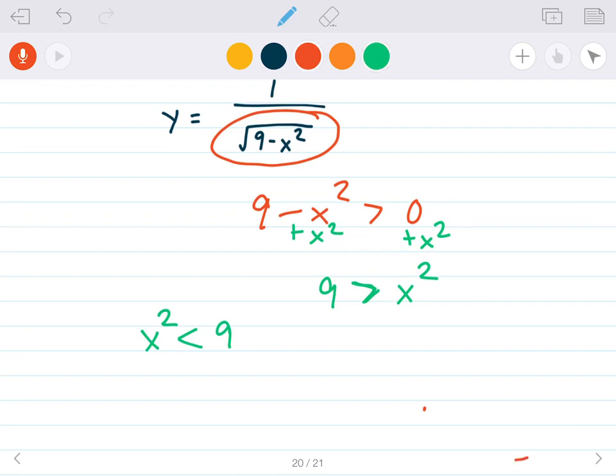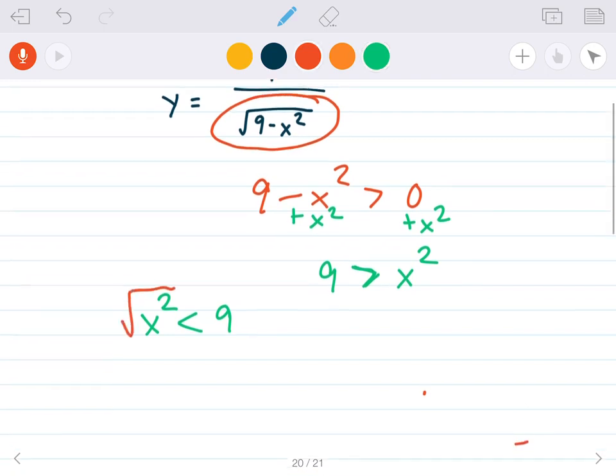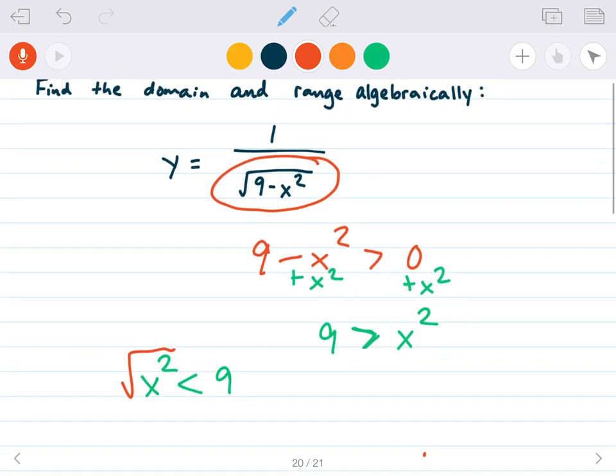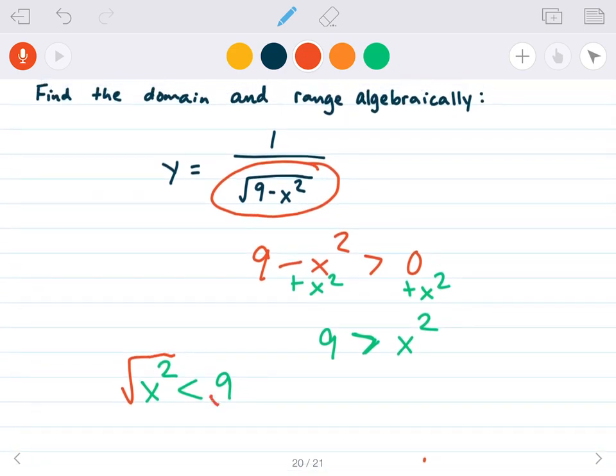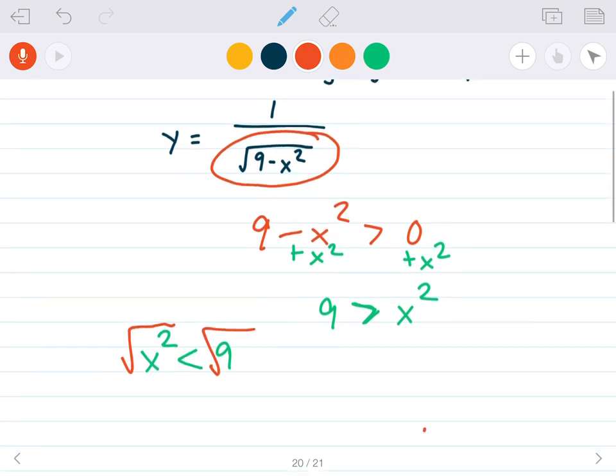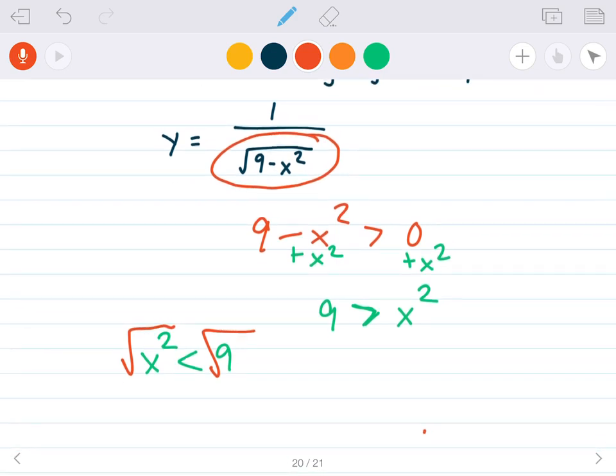And then I can take the square root of both sides. Now, when I take the square root, I do plus or minus. And when I tack on a minus, the sign flips. Okay, so what I have is I have x is less than positive 3, and x is greater than negative 3.